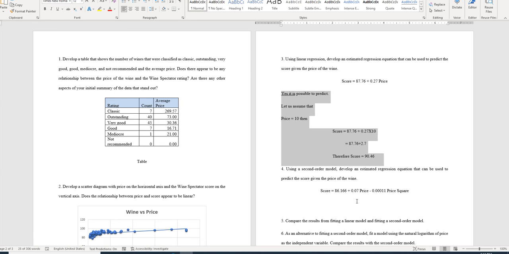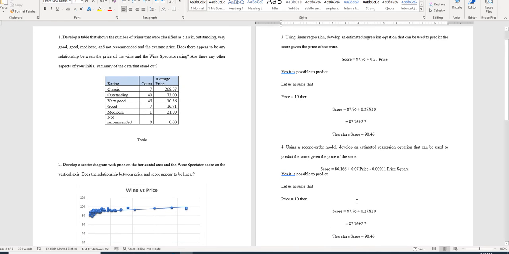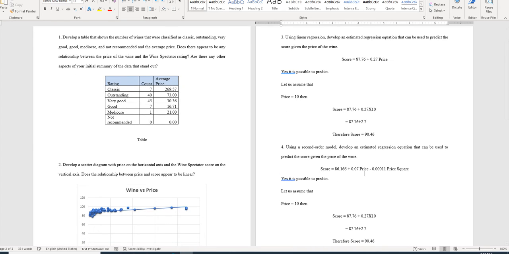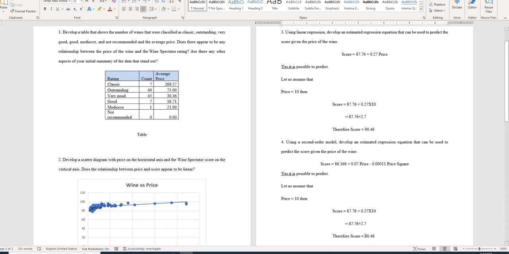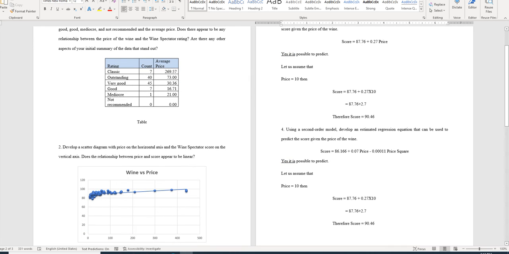Let me take the same example, assuming 10 as price. So this will become 0.07 into 10, minus 0.00011 into 10 squared, meaning 100.